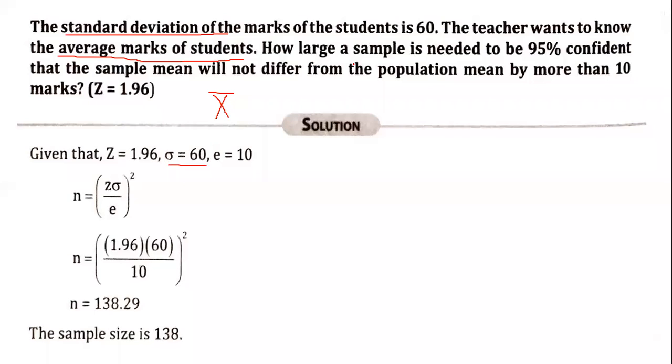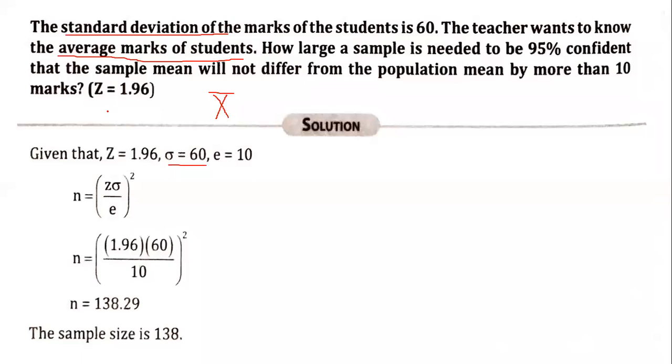How large a sample is needed to be 95% confident that the sample mean will not differ from the population mean by more than 10 marks?